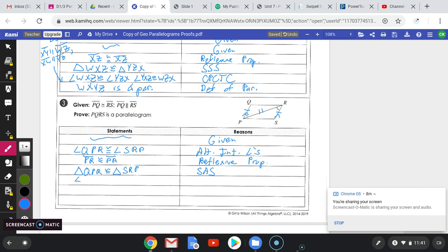So now I can say angle QRP is congruent to angle SPR because of CPCTC, which then we can make a statement that QR is parallel to PS because of the alternate interior angles converse, which now we can say, because we've shown that opposite sides are parallel, we can say figure PQRS is a parallelogram because, well, that's the definition of parallelogram.